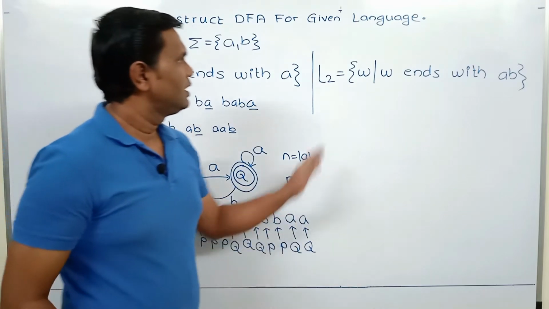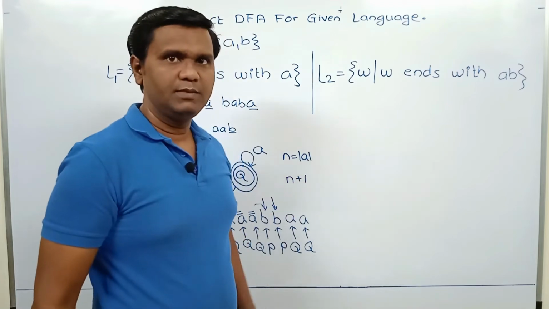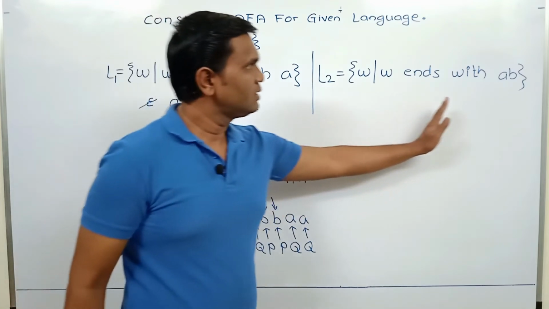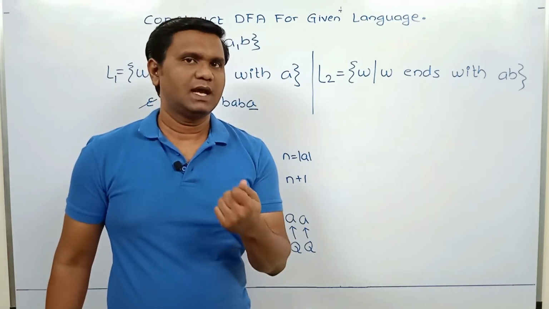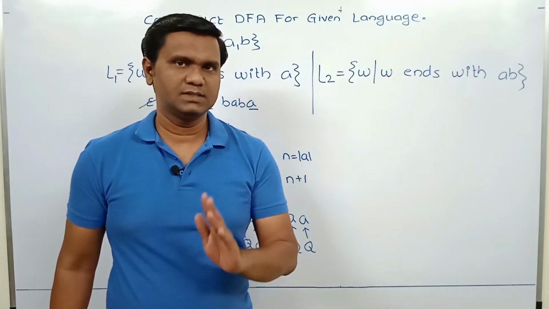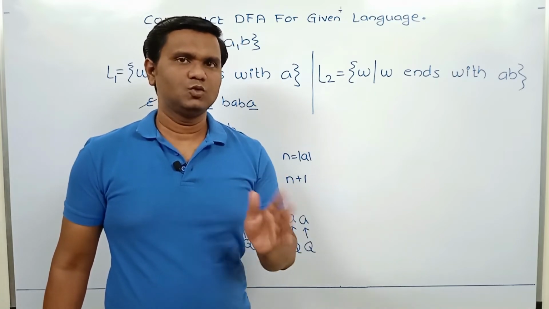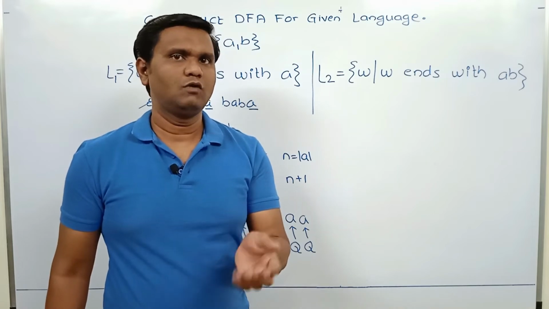Now let's come to this problem. W ends with AB. So while processing the string, if the last two symbols are AB, the DFA must be in final state. If the last two symbols are not AB, the DFA should be in non-final state.